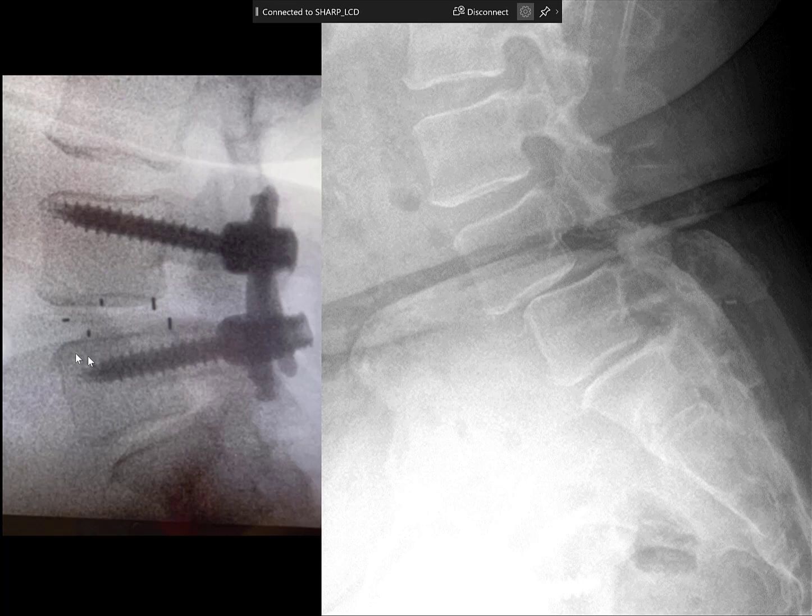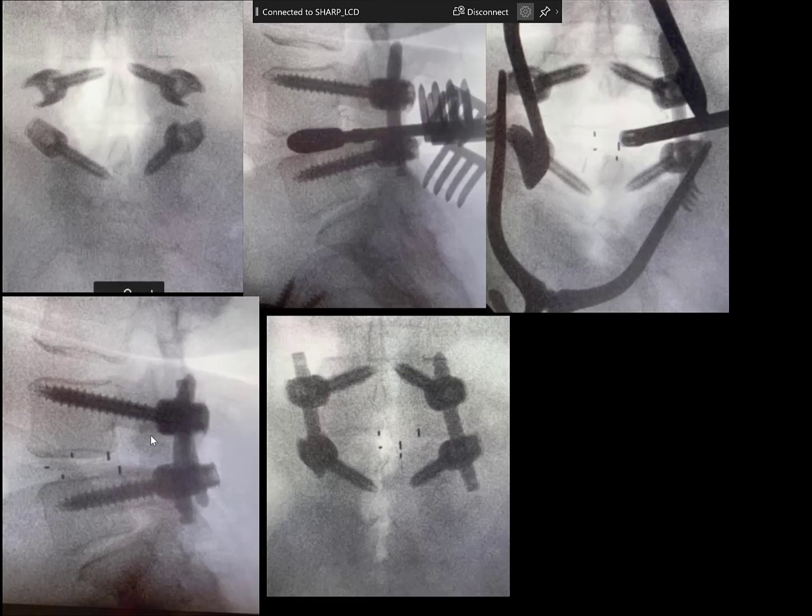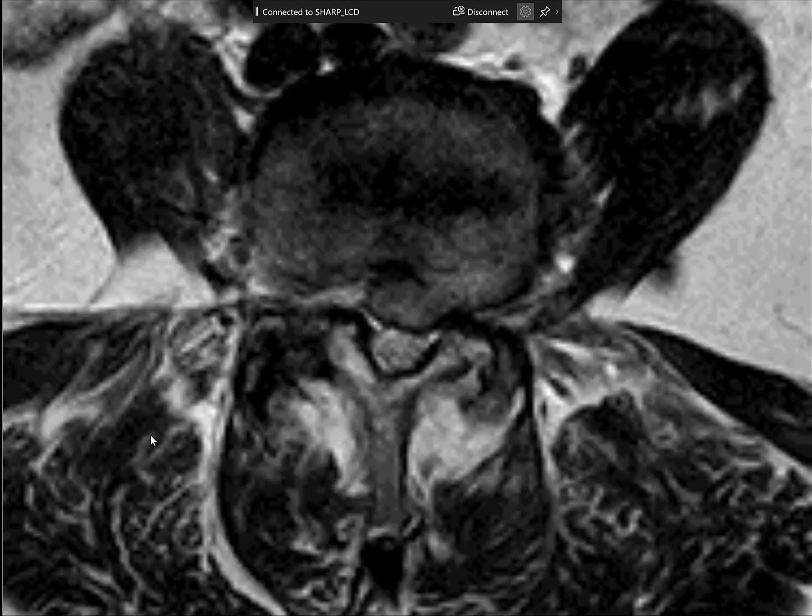They hyperlordose that segment and they wind up with stenosis 5 years, 10 years down the line. So the way people are thinking now, and this goes on to patients who wind up having fusions up to the thoracic spine, you really want to get that L4 to S1, maximize that lordosis.